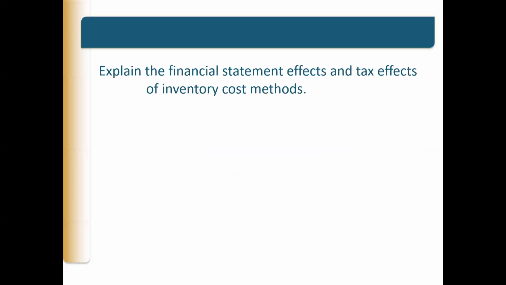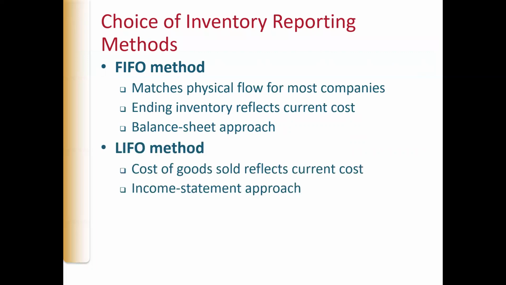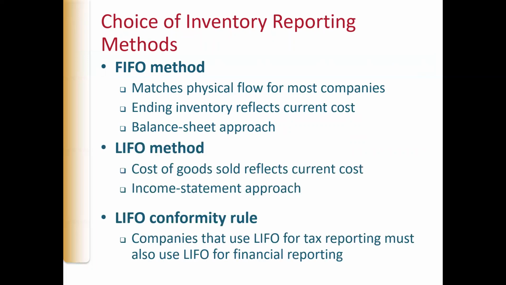Now, why does all this matter? Well, when we use FIFO, that's basically matching the flow of goods with what we're truly doing, and the cost and the flow go together. Most companies do use the FIFO method.